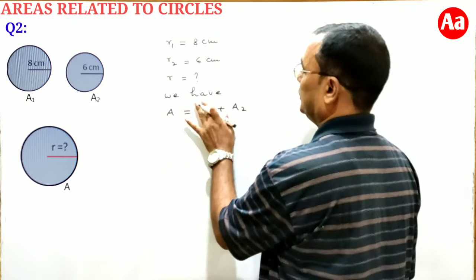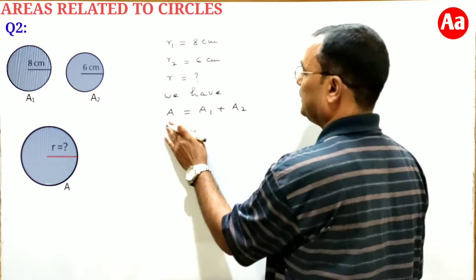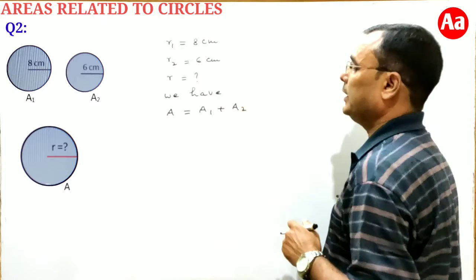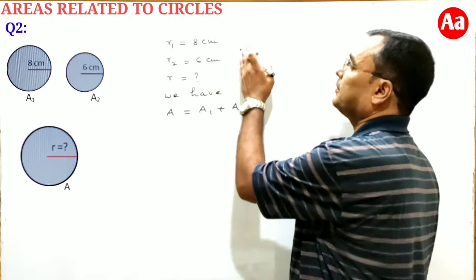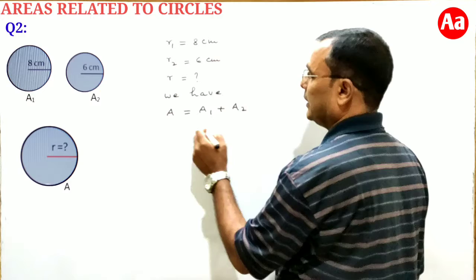A denote area of the new circle, A1, A2 areas of two given circles of radii R1 and R2.